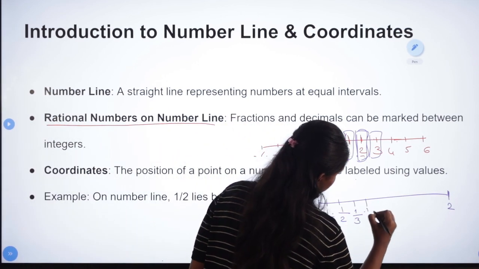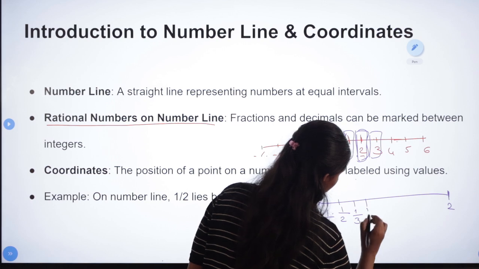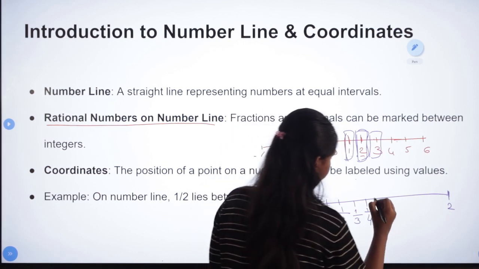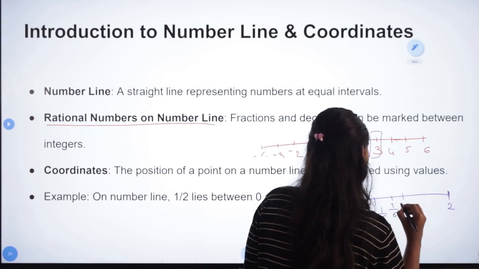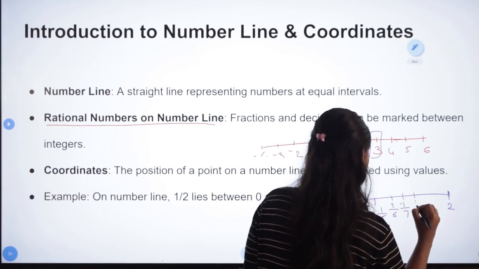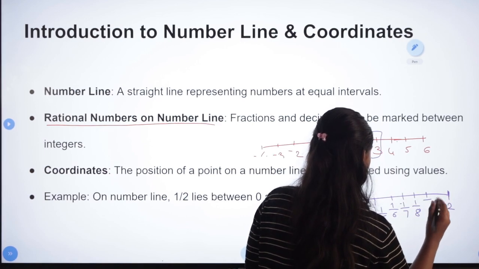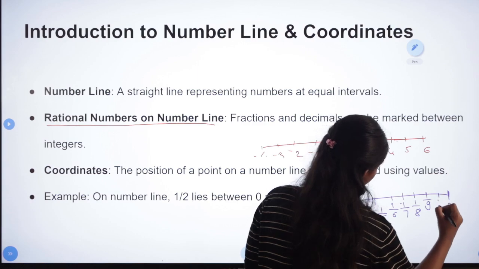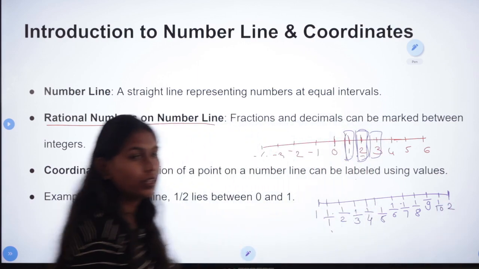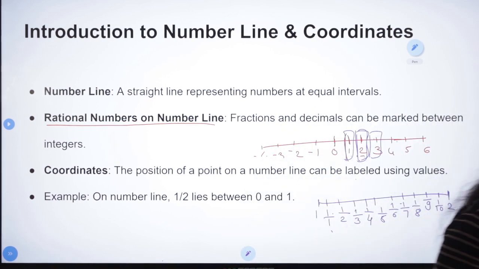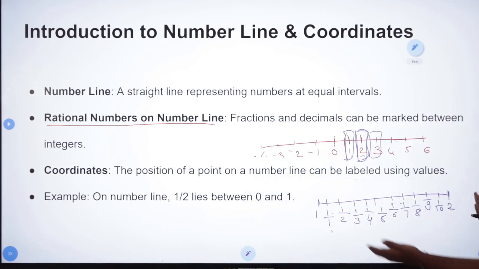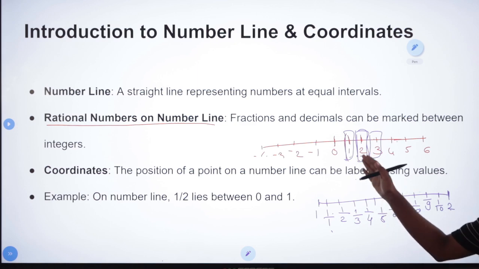These numbers go up to 1 by 7, 1 by 8, 1 by 9 and 1 by 10. After that the next number is 2. These are the numbers between the points 1 and 2.